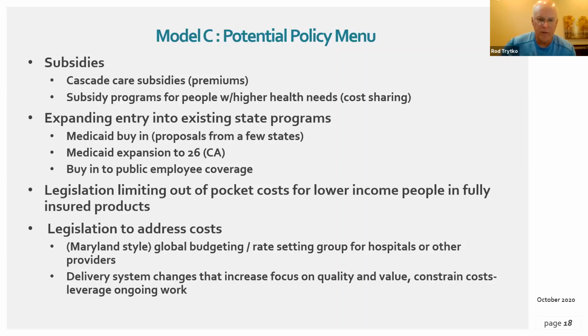There you go. So our charge was how to develop a universal healthcare system that's affordable to Washington residents. Model C, as it currently exists, does not do that. It excludes the 560,000 people without insurance. And it does not include the 200,000 people in the exchange for whom healthcare is not affordable. If we're not going to include those two populations, Model C does not fulfill the criteria of universal healthcare.